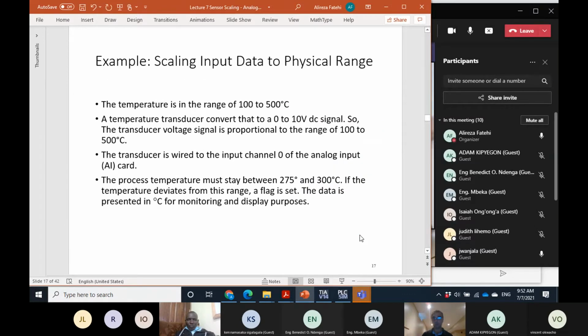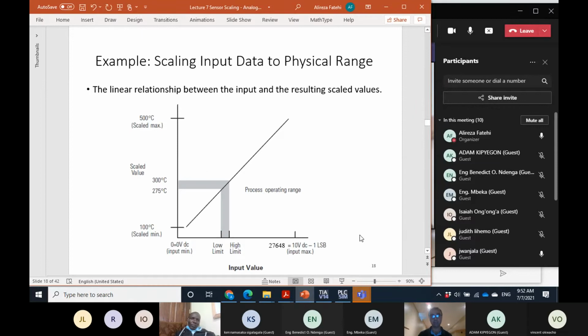To do scaling, most of the time scaling is just linear. The relation is linear. So, for example, if the voltage is between 0 and 10 volt, it means that the temperature is 100 to 500 degrees. 0 volt is represented by 0 and 10 volt is represented by 27,648.